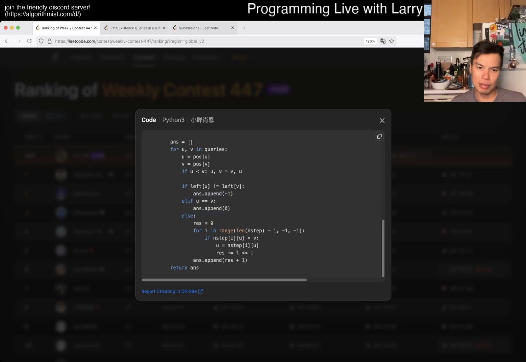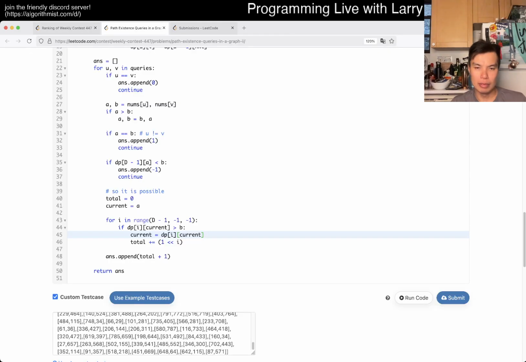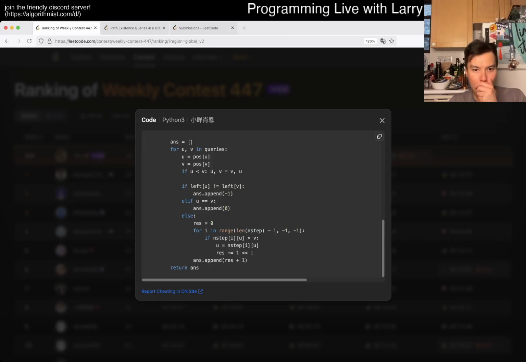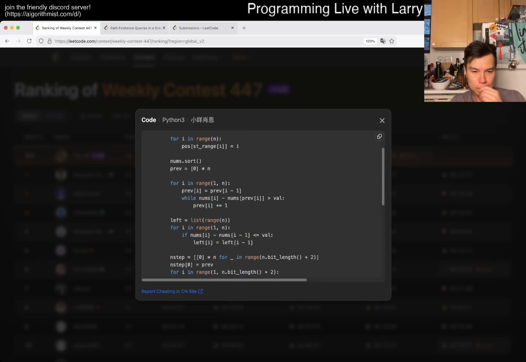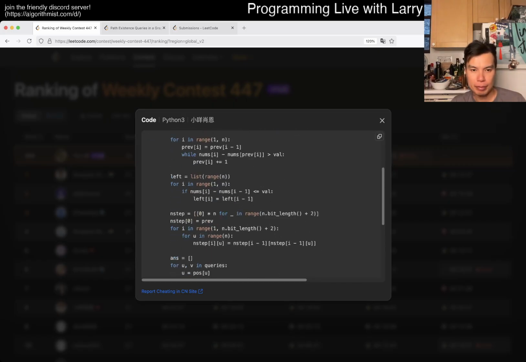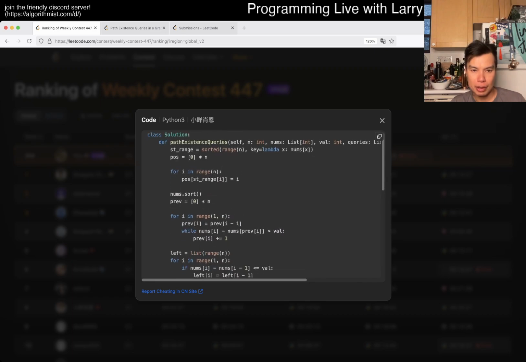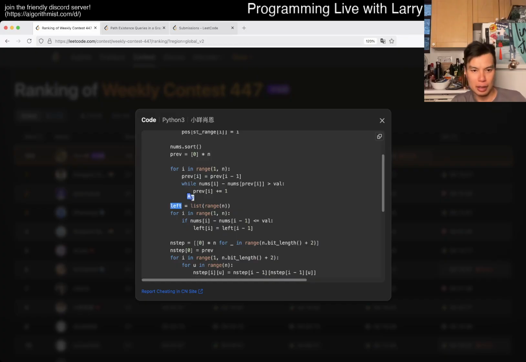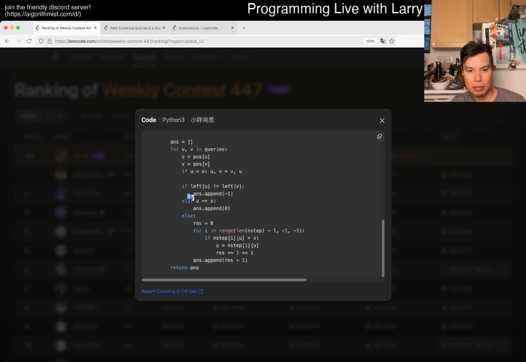Well, the idea should be roughly the same. Yeah, I don't know why. Well, no, I mean, excuse me. What is left? Left is just I. Oh, yeah, I see.